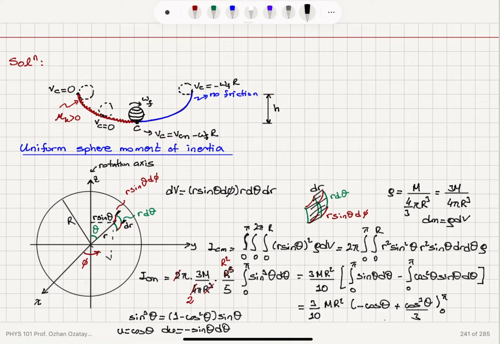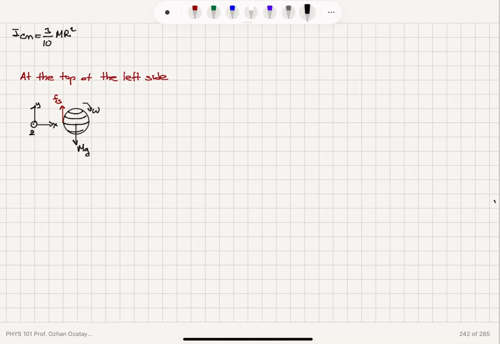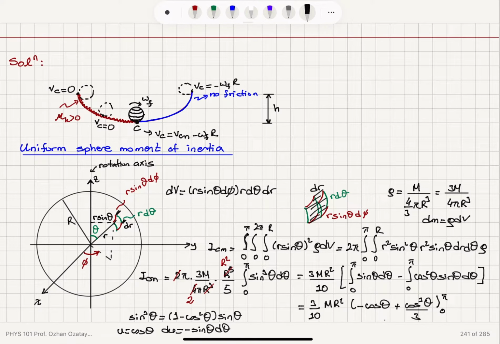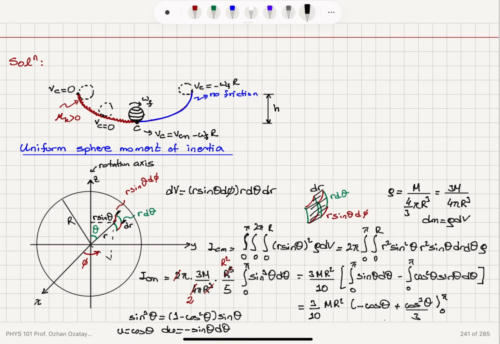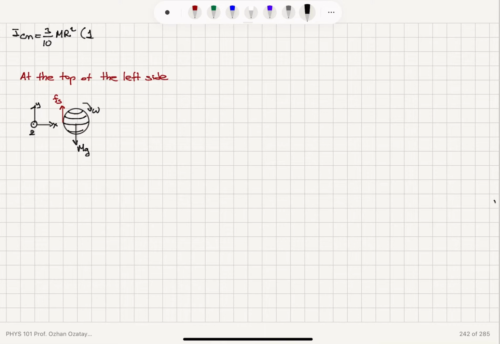If I plug in pi here, I will get cosine pi equals minus 1. So that will give me minus minus 1, it's going to give me plus 1. Then if I put pi in cosine cubed theta, that will give me minus 1 over 3.